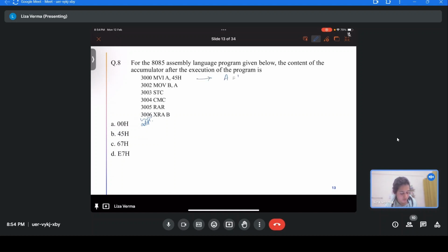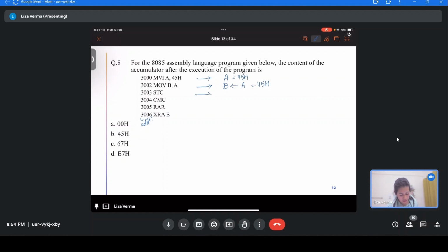A will become 45 after this instruction. Then MOV B comma A will copy the data of the accumulator into B. That is, B will be 45H.